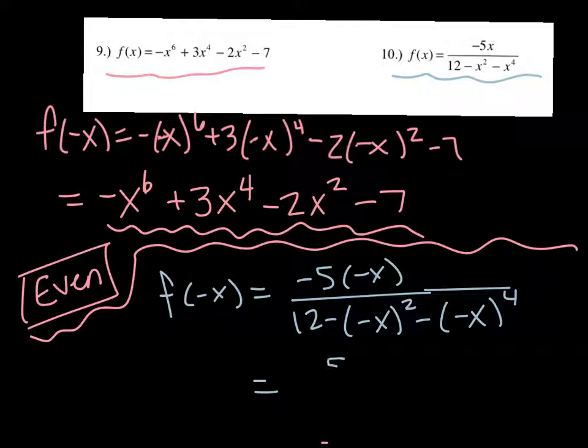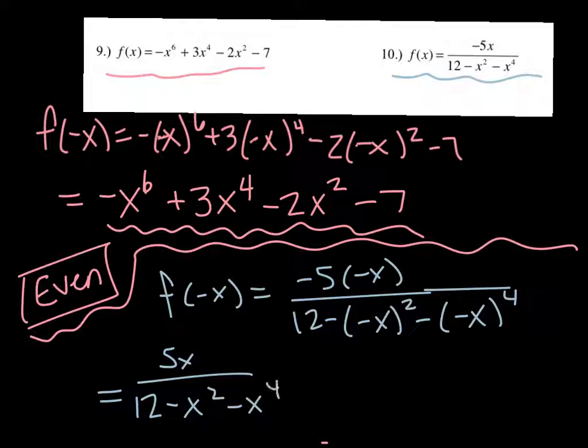So the top becomes positive 5x. X squared and x to the 4th are going to become positive, so we have 12 minus x squared minus x to the 4th.